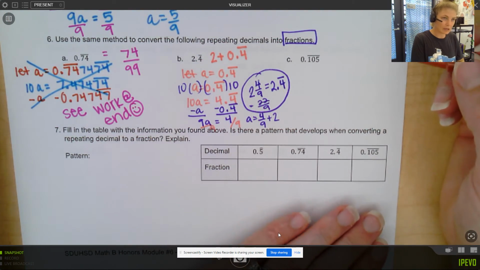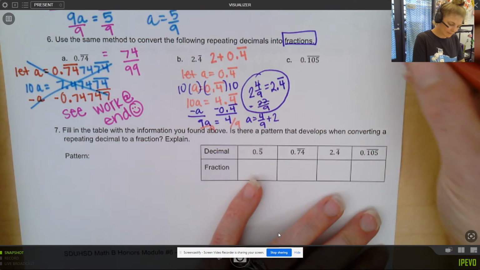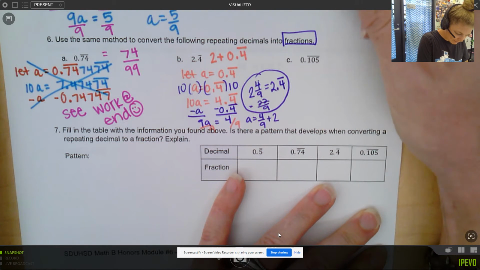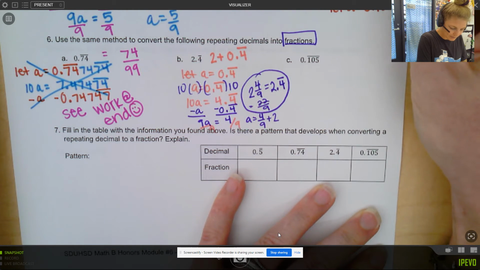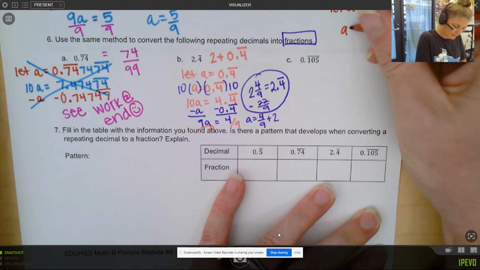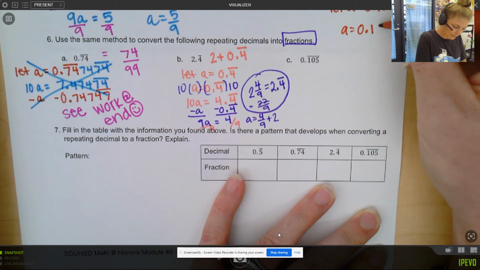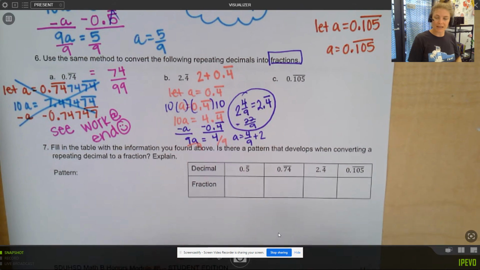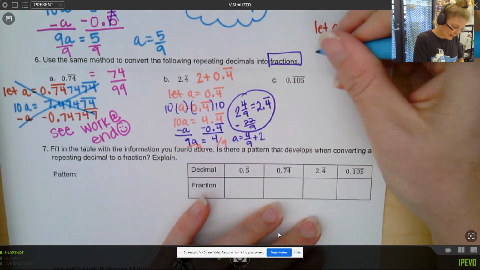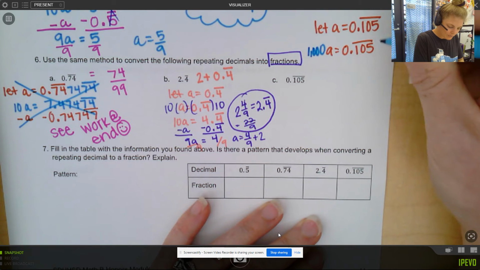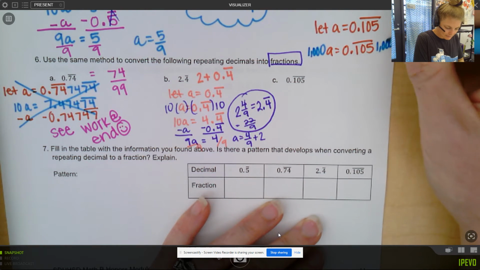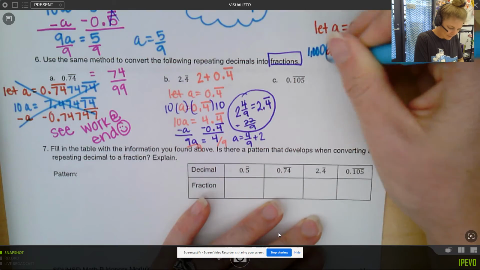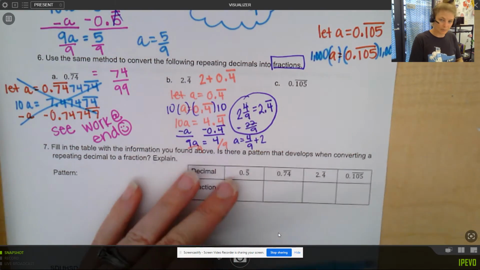When you take a look at 0.105 repeating, so 105 thousandths repeating, of course since I have all this room, let's use it. We let A equal 0.105 repeating. Notice all the digits are repeating to the right of the decimal point. I'm going to multiply each side by 1,000 because we have 3 digits being repeated.